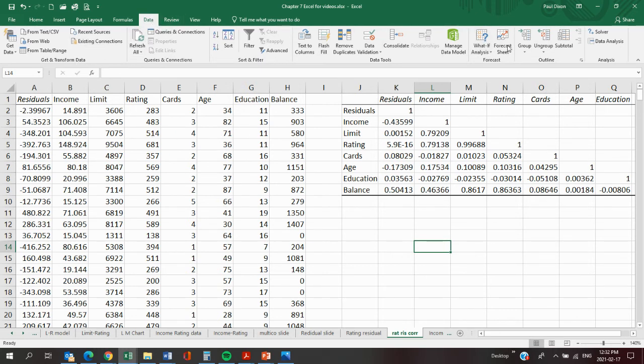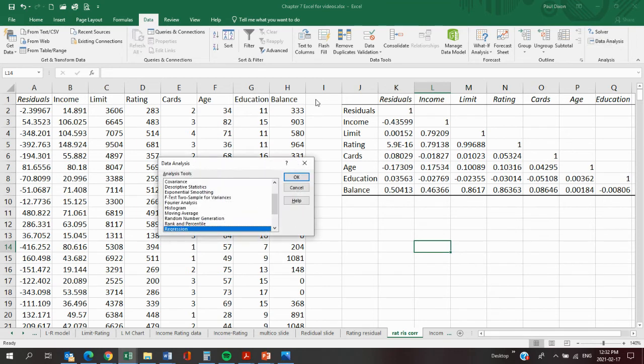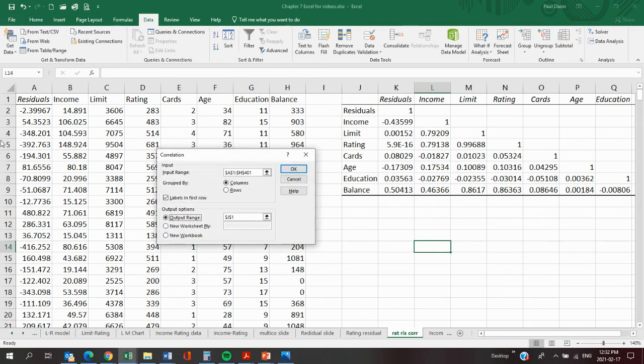If you recall how to do that, you go to data analysis, up to correlation, and you pick which columns you want. I wanted A through H. And down from rows 1 to 401, my data's in columns, I had labels, and I put the results here in the table.